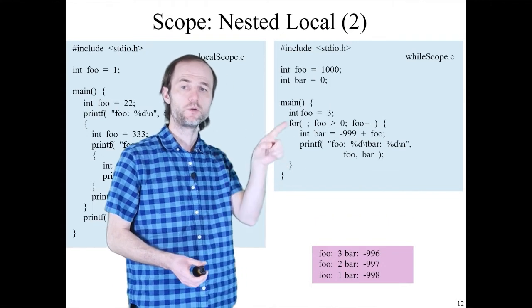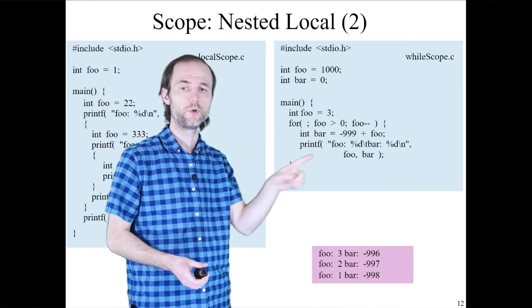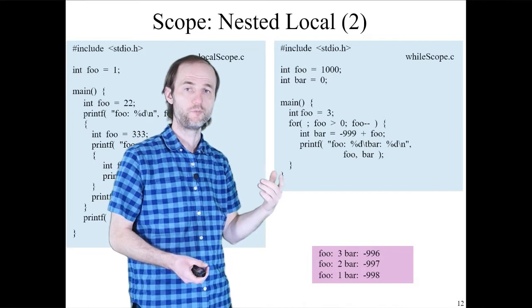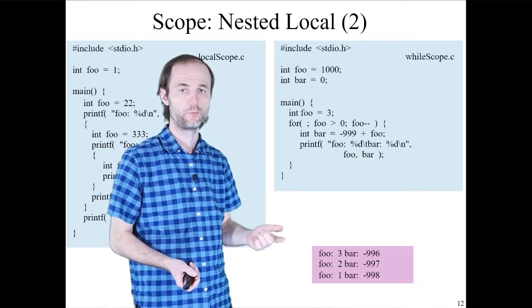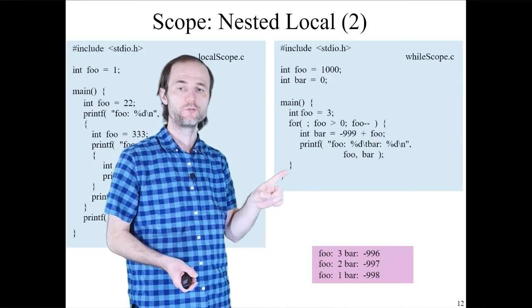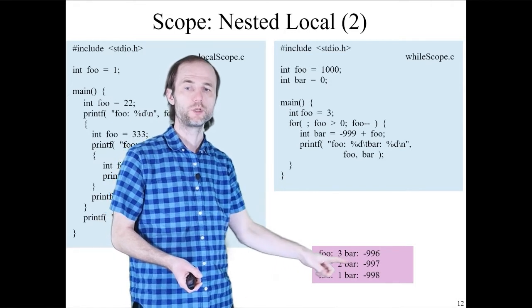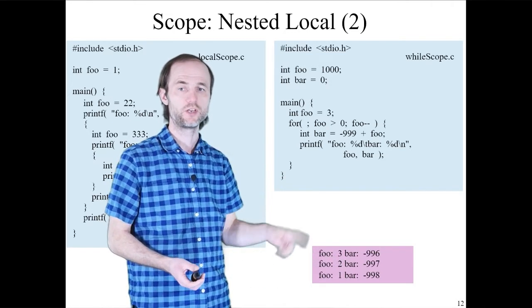The next time we get into the loop, the variable foo will have been decreased by 1 because of the postfix decrement. And so then foo will be equal to 2, and bar will be equal to minus 997, and so on.